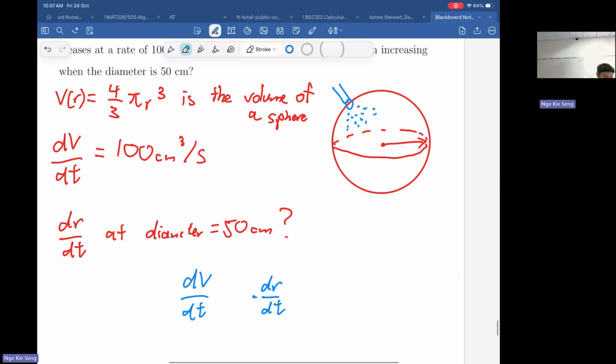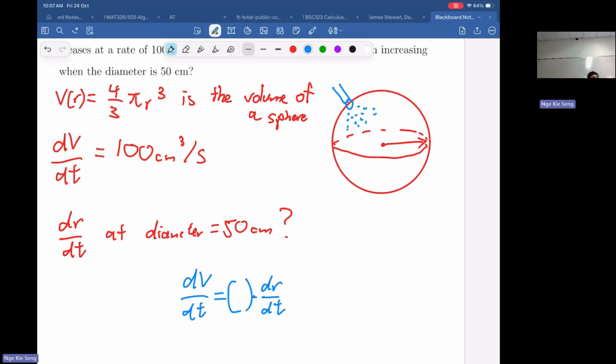How do I make this equation work? What's the thing I should put here? Any idea? Someone called 玉衡, is it 玉衡? Yeah, 罗玉衡, you are 玉衡, right? You have no idea?